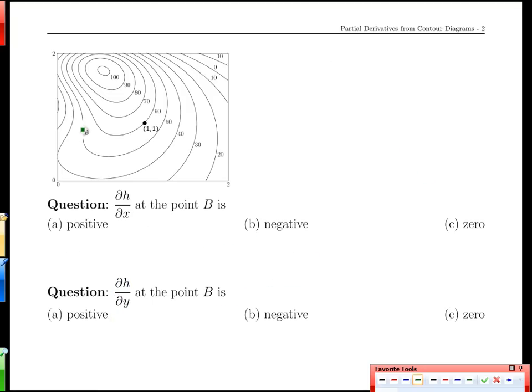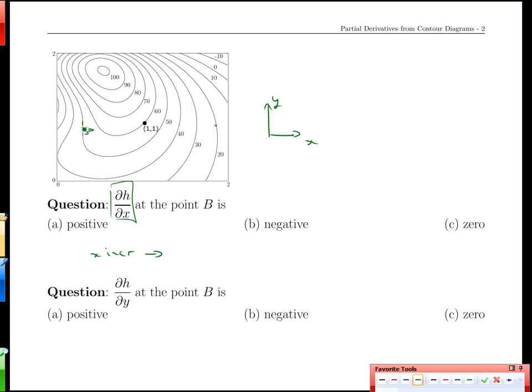Now what about the point B? Let's take a close look at it. The x derivative is actually pretty straightforward. If we increase x, we take a step to the right, again, same axes. The key thing though is to make a very, very small step, because we're on a contour right now of height 50, and if you take a huge step, we can obviously go down again.